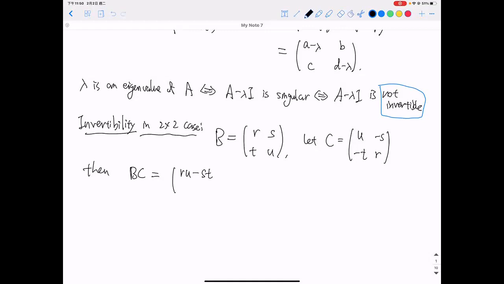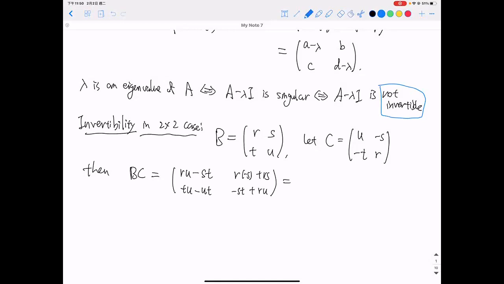Over here is minus RS plus RS. Over here is TU minus UT. Over here is minus ST plus RU.